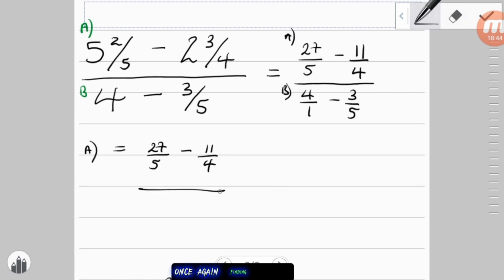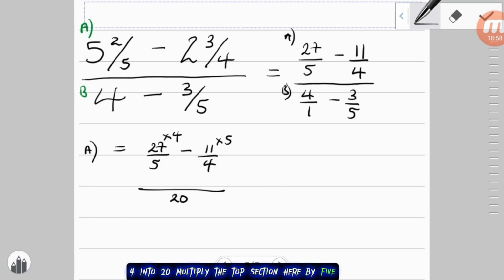Once again, finding the LCM, which is 5 times 4 is 20. 5 into 20, we multiply this by 4. 4 into 20, multiply the top section here by 5. Now of course, 27 multiplied by 4 seems to be 108. And 5 multiplied by 11 is in fact 55.